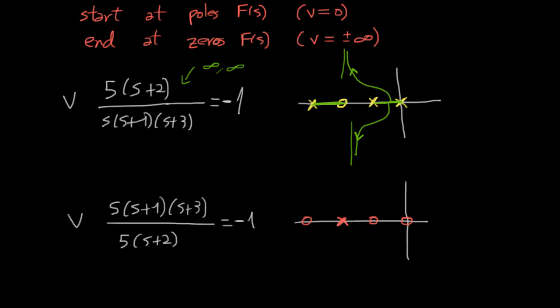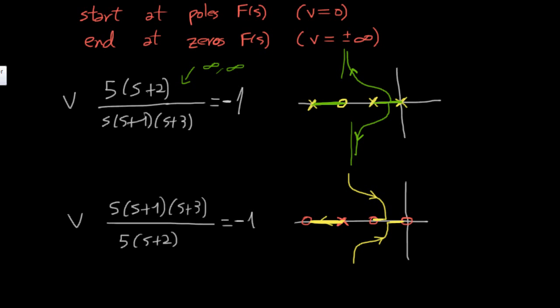The positive root locus would be this part here and this part here, but this branch would start here and end here, and some branch would start at infinity and end in this pole, and the third branch would start at infinity and end in this other pole.